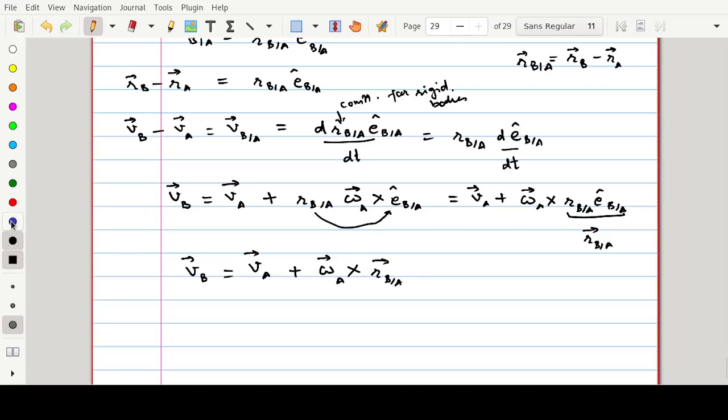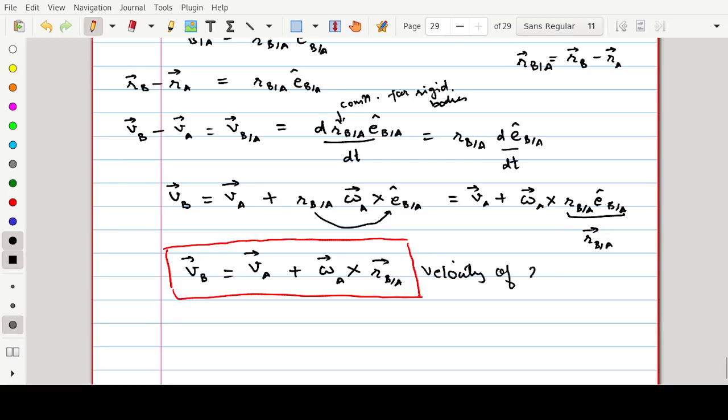So this is a very important relation, and this is a very general relation between the velocity of 2 points on a rigid body for any general motion of the rigid body.